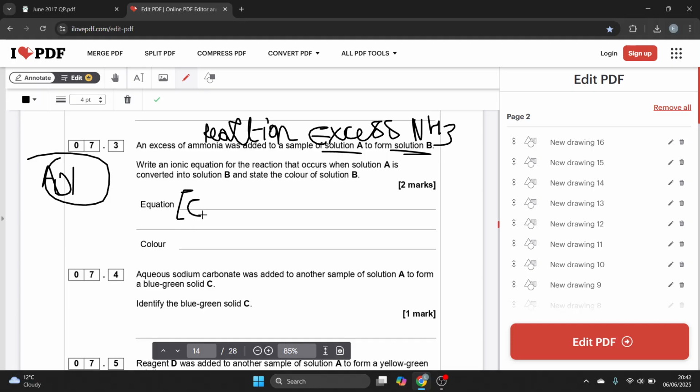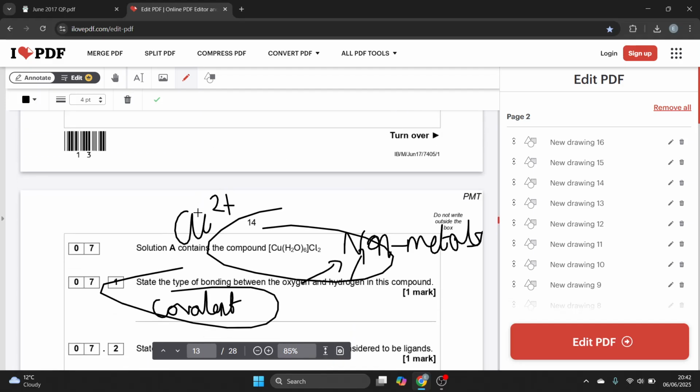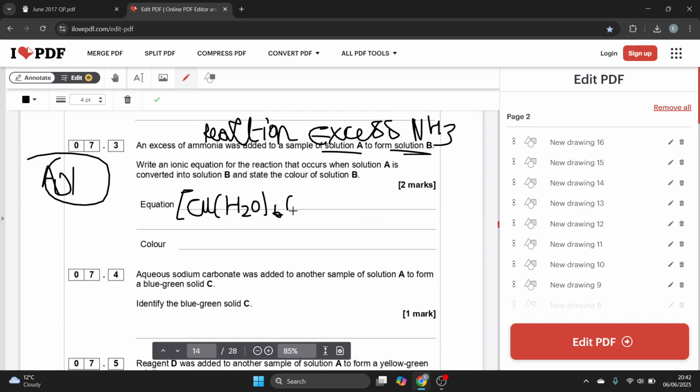So basically what happens is you've got [Cu(H2O)6]2+, and then you're adding 4 NH3s, and then you're forming [Cu(NH3)4(H2O)2]2+ plus 4H2O.